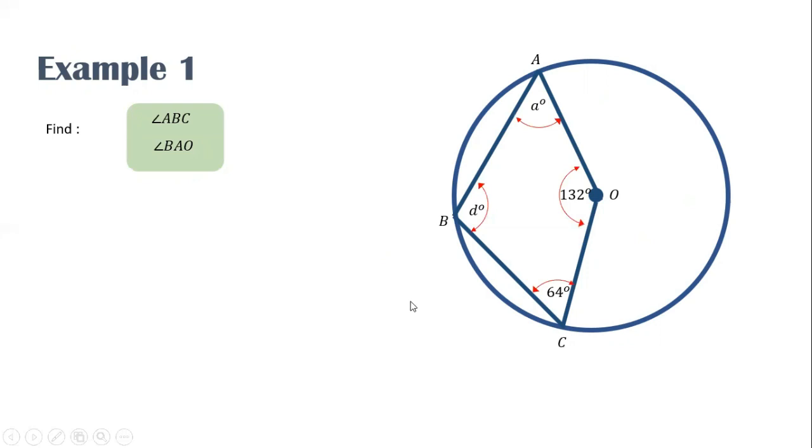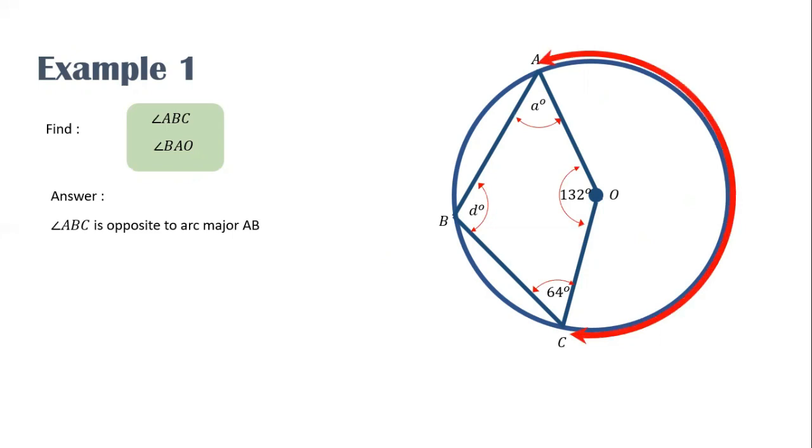Students, BCOA is a quadrilateral, so it is a polygon, right? Students, angle ABC is opposite to major arc AB. Is it clear to you? Once again, angle ABC is opposite to major arc AB. This one, major AB, right?